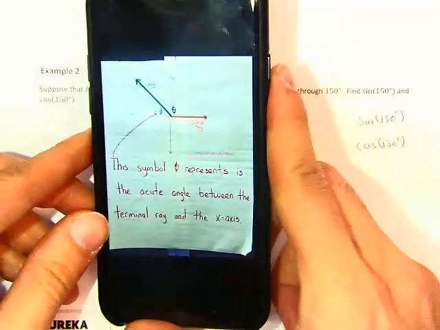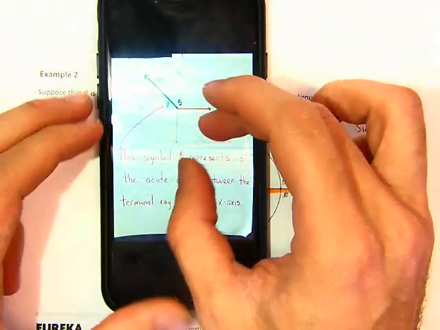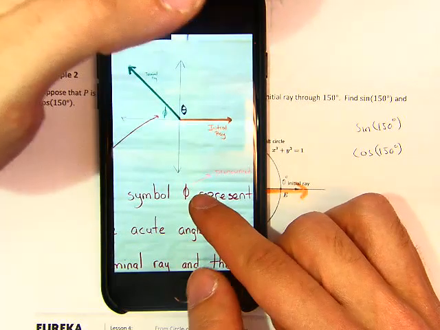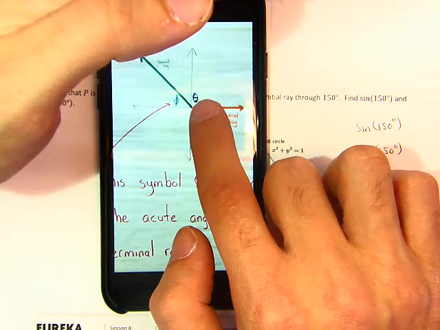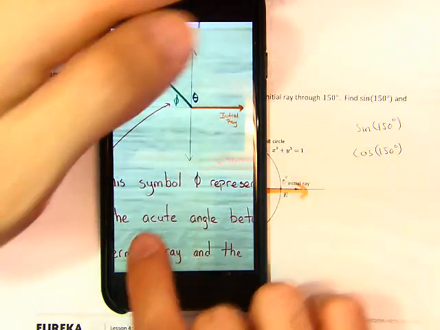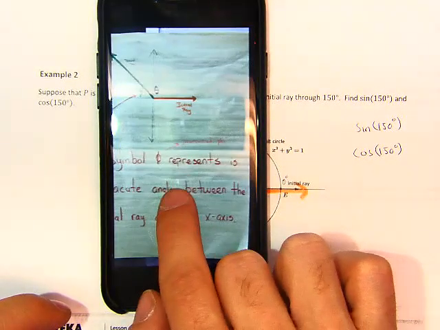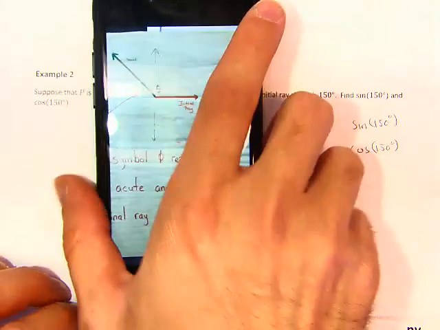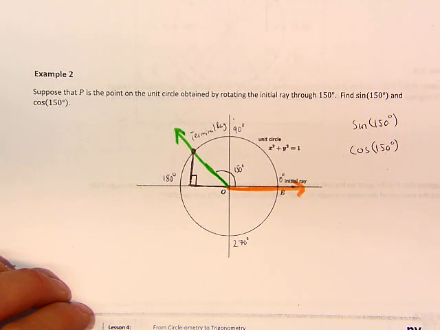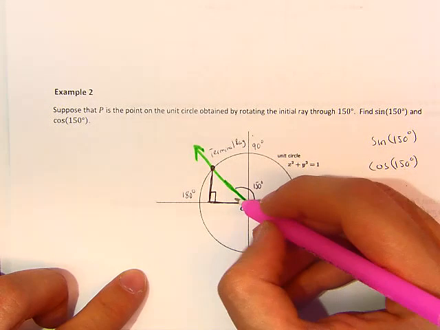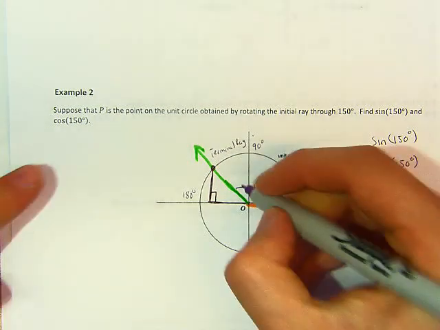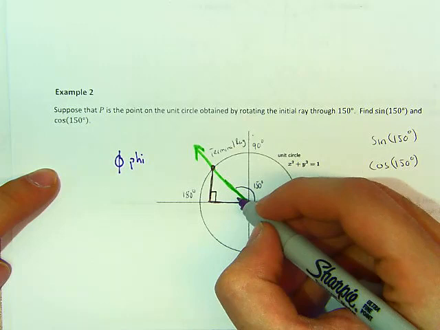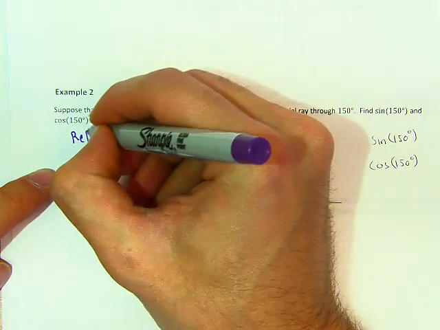If this is the initial ray and this is the terminal ray, and this is theta, then phi represents the acute angle between the terminal ray and the x-axis. This angle we created, marked as phi, will be the reference angle.